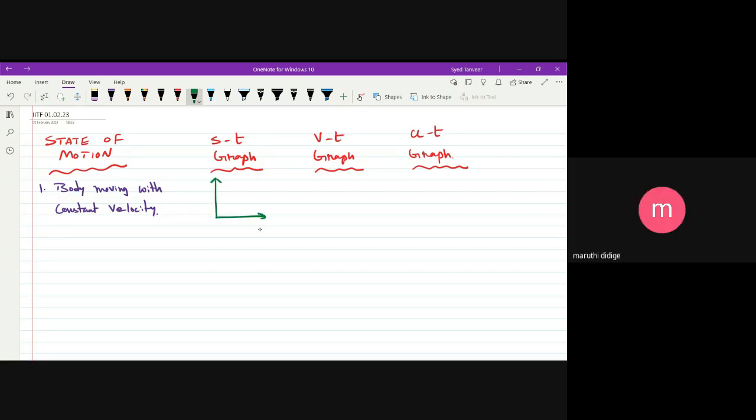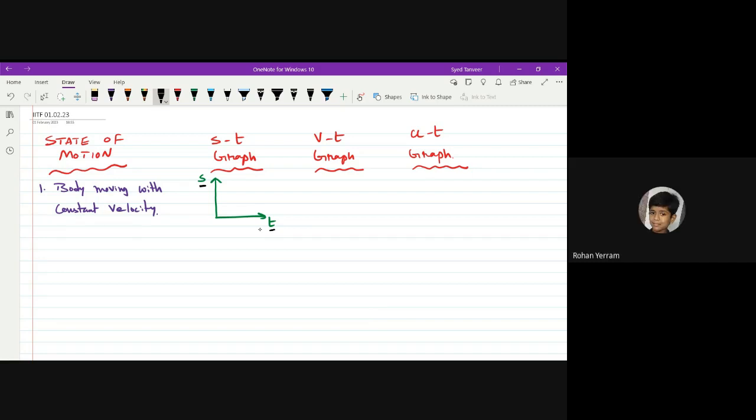Diagonal. Straight line. Displacement time graph means displacement on y-axis, time on x-axis. To decide the shape of the graph, you should look at the equation which governs the motion of that body. So what equation do you have which relates displacement and time of a body moving with constant velocity?